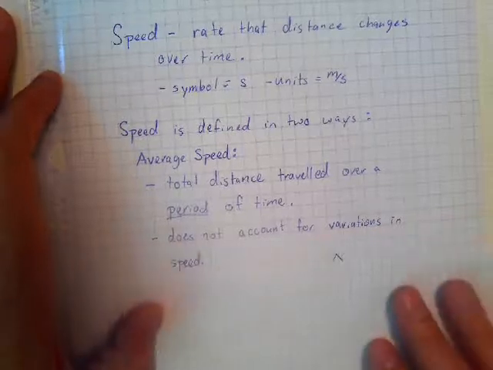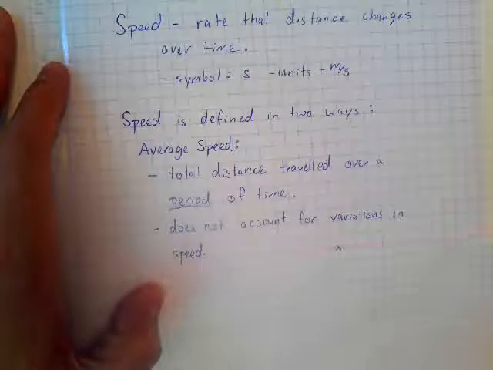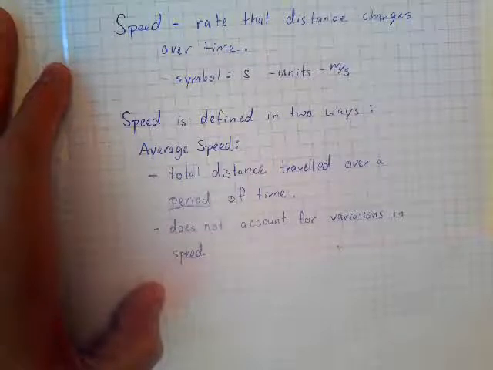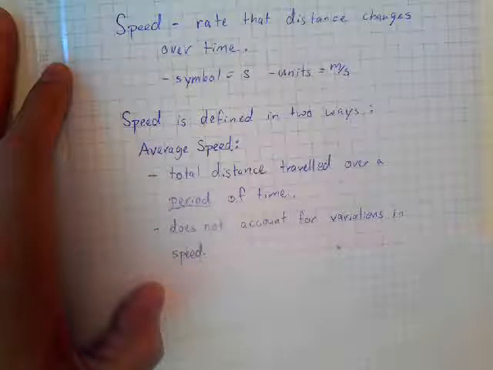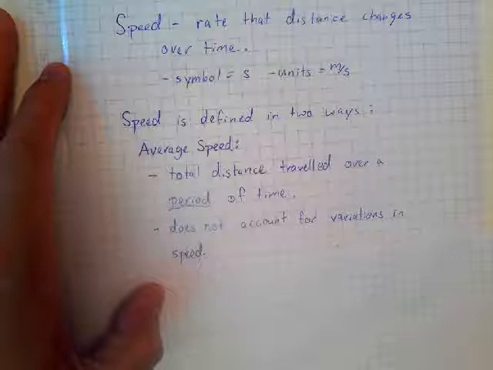Now the thing about that is it doesn't account for any variations in speed. So if I said I drove my car 10 miles in 5 minutes, you would go, actually that's really fast. I'd be going 2 miles a minute. I should never drive that fast. If I drove 5 miles in 10 minutes, you go, you're driving half a mile each minute.